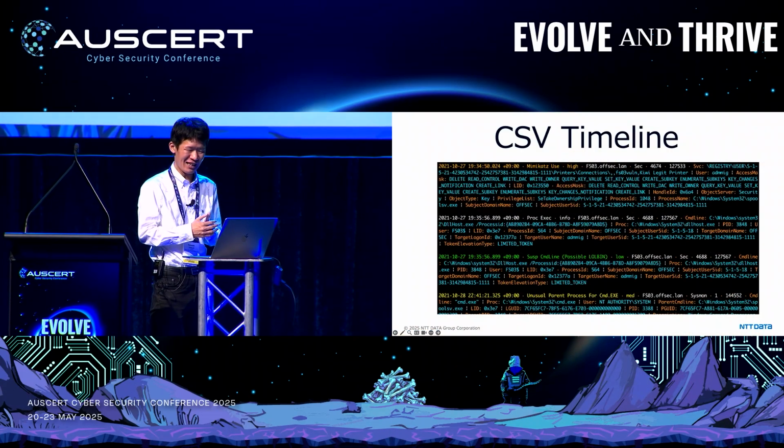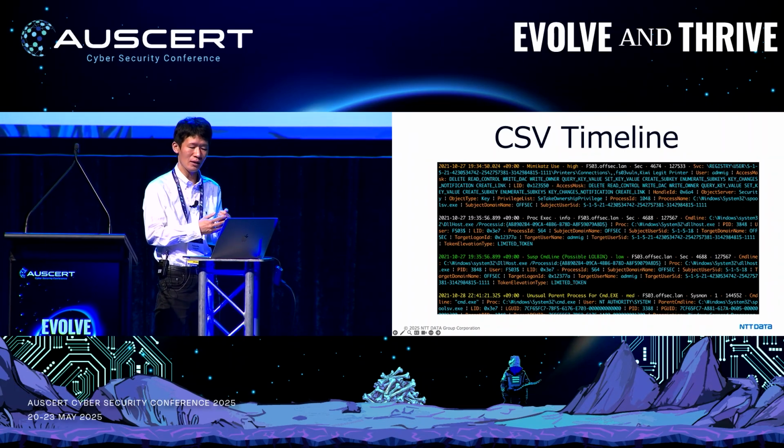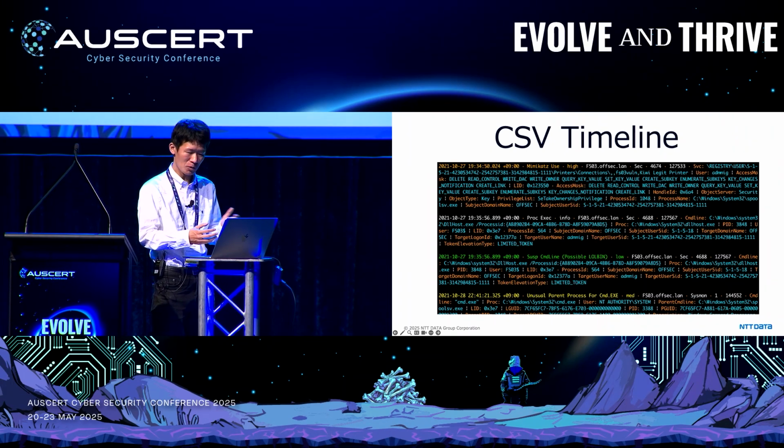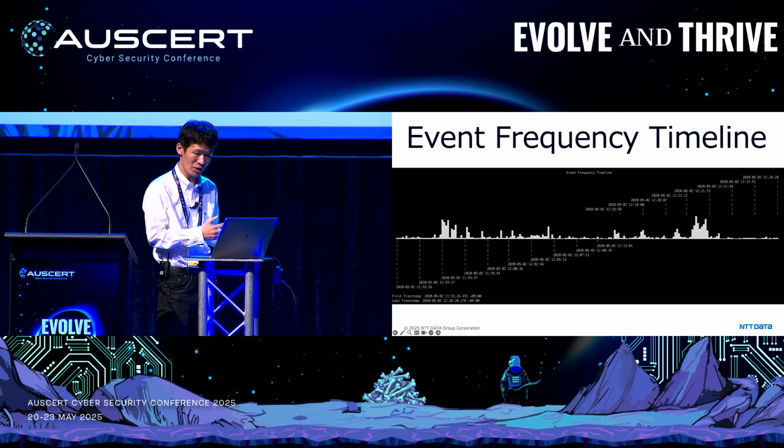This is Hayabusa's flagship feature, the terminal output of the CSV timeline. You can see the matched Sigma alert names and their levels along with the corresponding formatted event log entries and timestamps. The output is color coded based on the alert level. This is a timeline of event log frequency, which is generated during the timeline creation process.